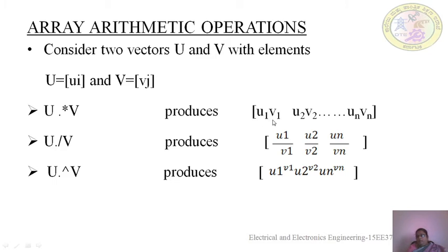You can see here u1 v1 means it is the first element of u and the first element of v vector. Similarly, second element of u vector and the second element of the v vector. Division also can be performed. Similarly, the power function also can be performed for the vectors.